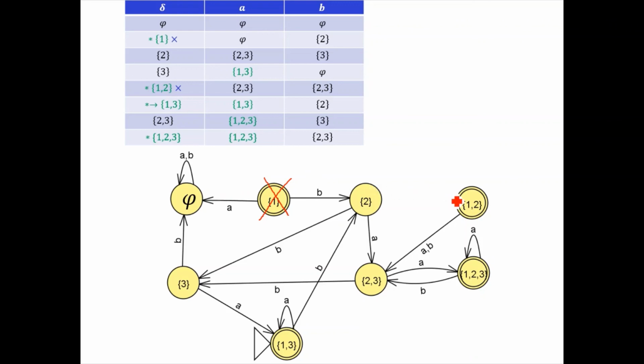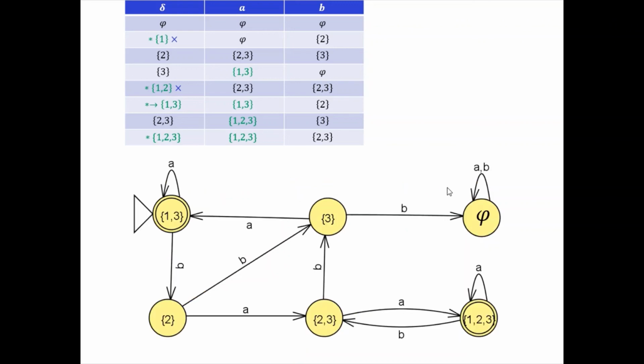Similarly, for state 1, 2, there is no inward arrow, so state 1, 2 is not reachable from anywhere in the DFA. Therefore, we would remove both of these states from the DFA, and the resultant DFA would comprise 6 states. That is all. Thank you very much.